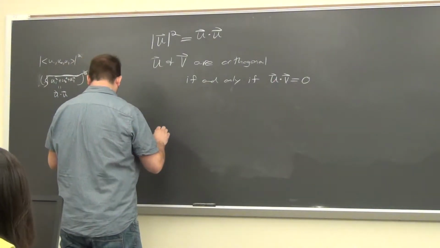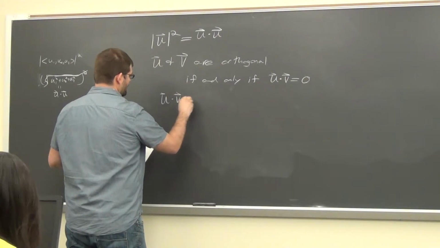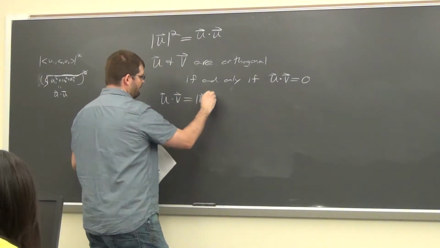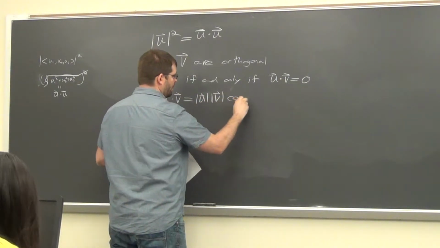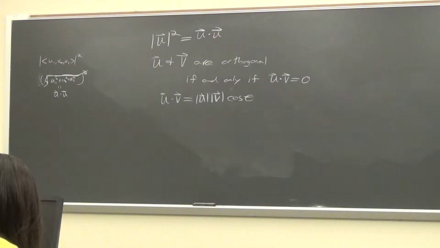Okay, and then finally, the dot product of two vectors is just equal to this: the product of the magnitudes times cosine of theta.